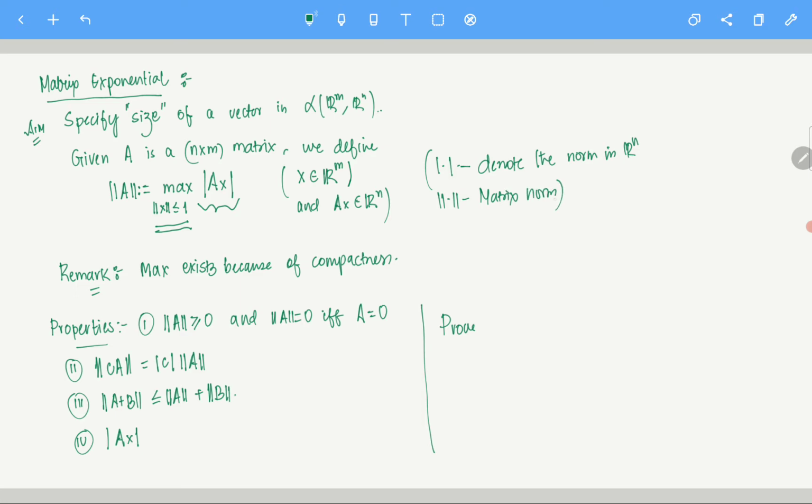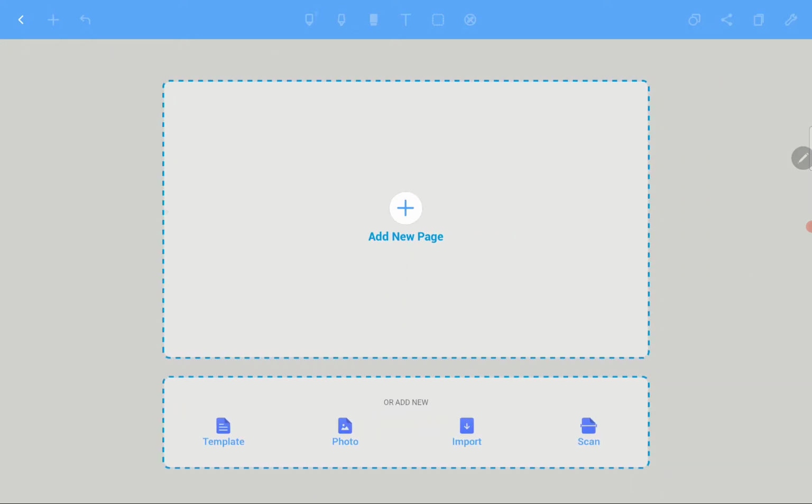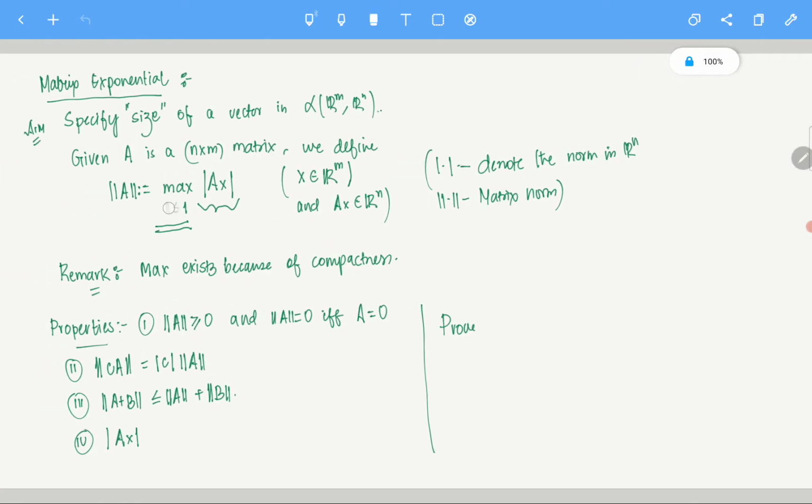Why am I doing it? Just to avoid confusion, so you know that there is a difference. I also have to change this one: norm x less than or equal to 1. This is the m norm, this is the n norm. M and n, two different things.